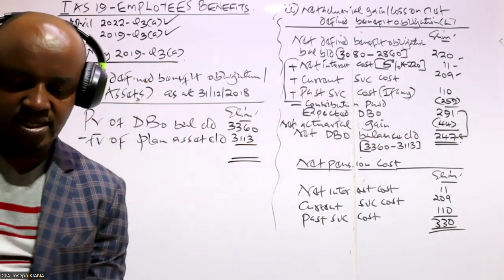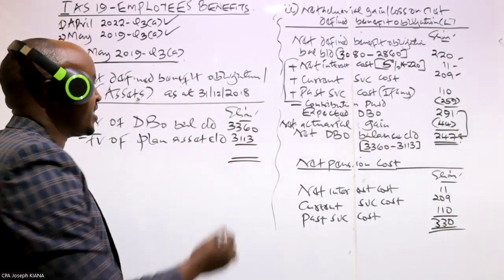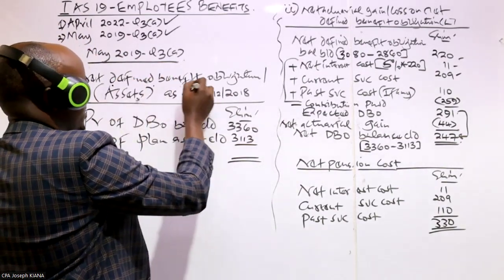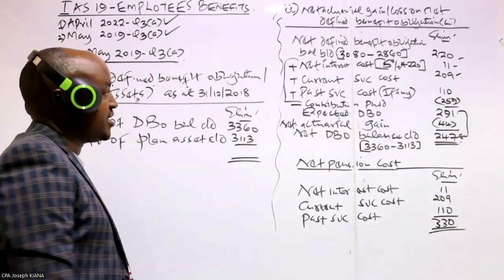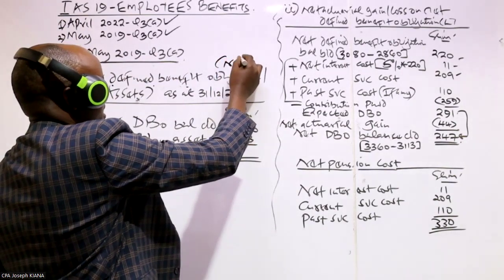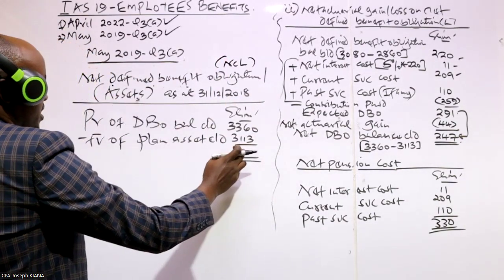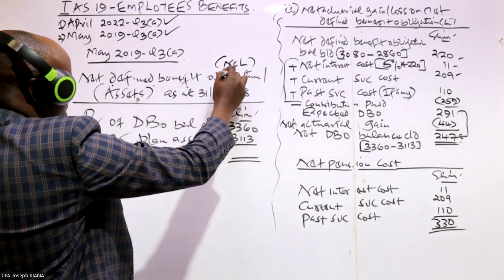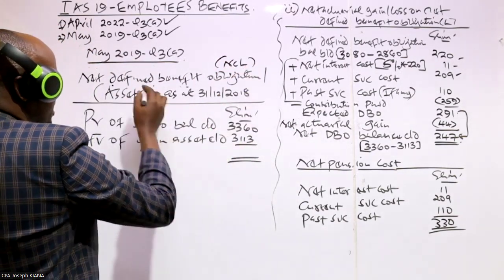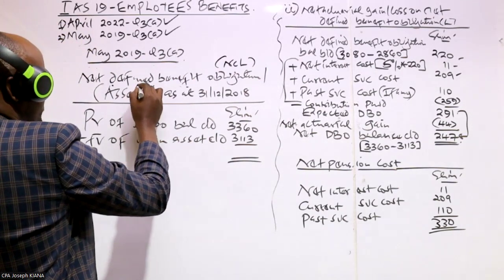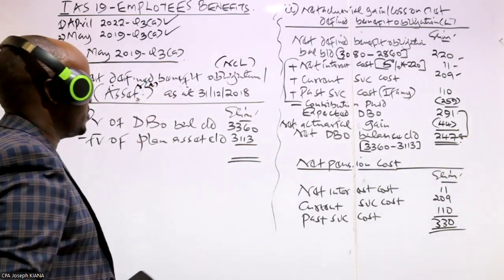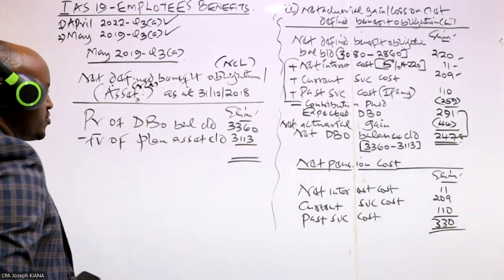3113. In this case, if you get a positive figure, that is a net defined benefit obligation, which is supposed to be recognized as a non-current liability in the statement of financial position. If you get a negative figure, it is an asset, and that should be recognized in the statement of financial position as a non-current asset.